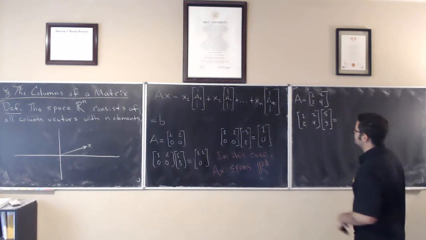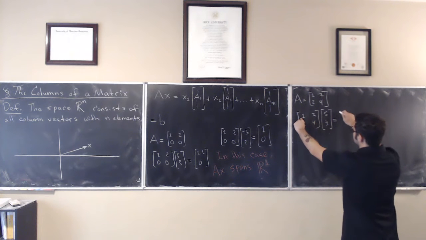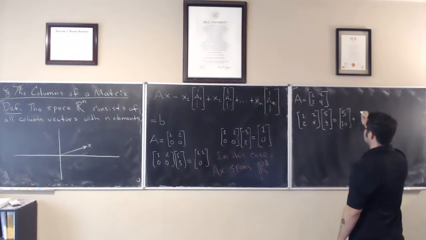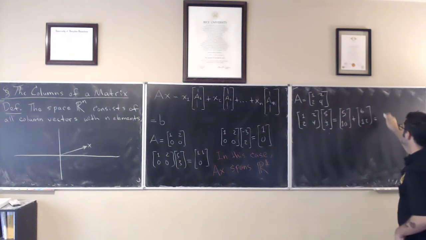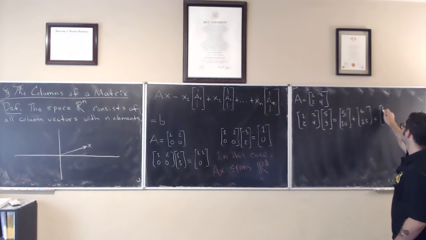So what is this? It's going to be 5, I'm just going to write it out to be safe. 5, 10 plus 6, 12. So that's going to be what? 11, 22.